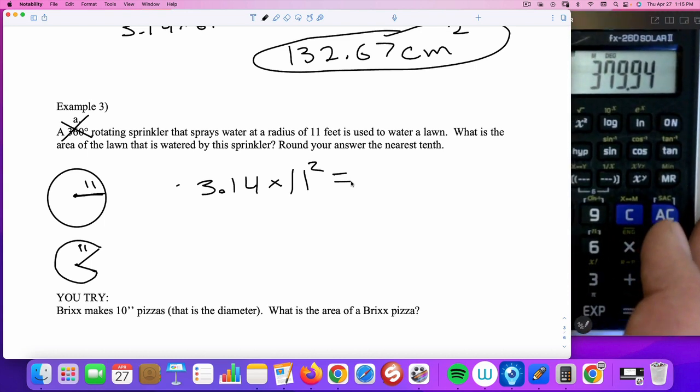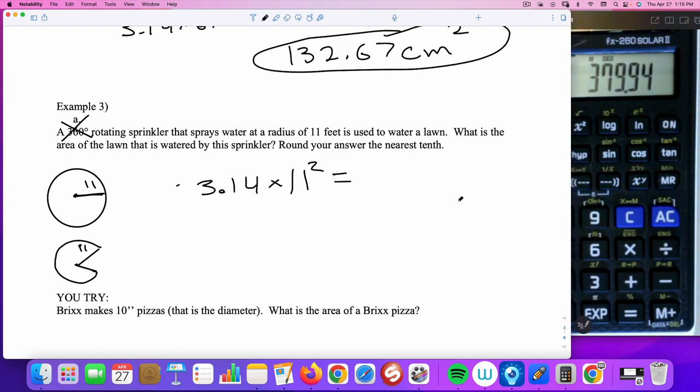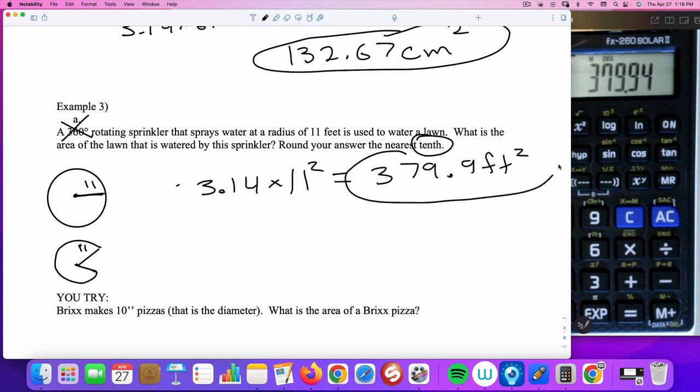And we want to round to that 10th, so that would be 0.9. You're correct. 379.9 is your 10th. And label it in feet squared. But you're rounding down. So the 10th is going to be your clue to just get rid of the 4.